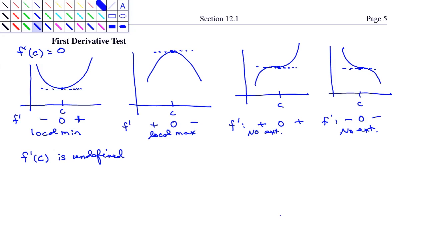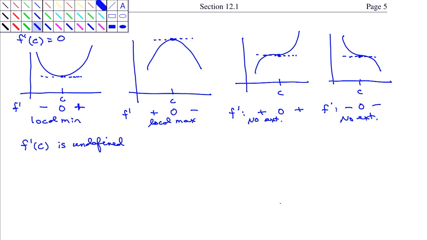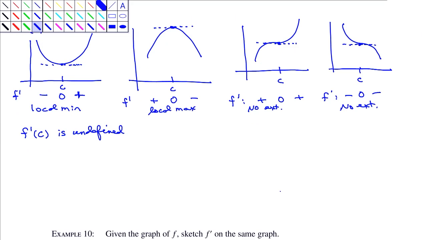Now, what happens if we have a critical value at c where the derivative is undefined? So suppose we have negative, undefined, followed by positive at x equals c.